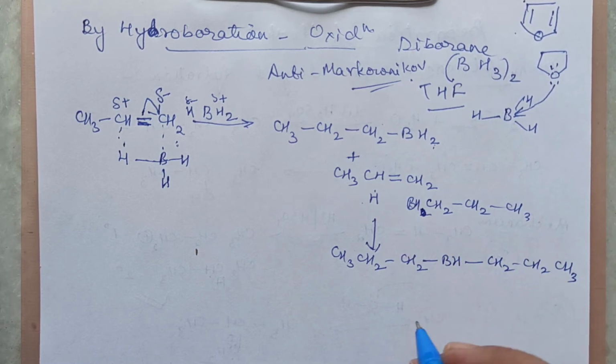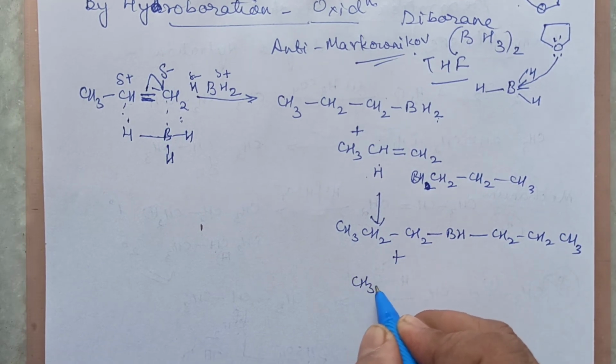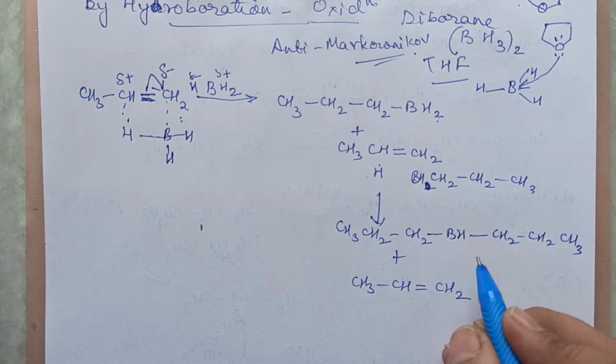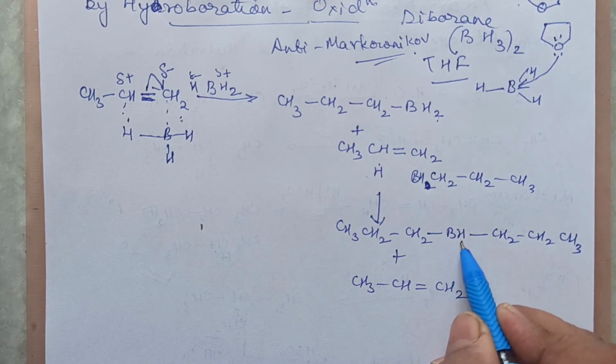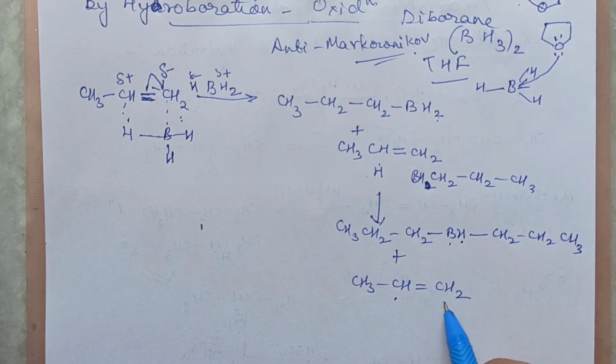This hydrogen now again will add on to one more alkene, that is CH3, CH, double bond, CH2. One more alkene. So again one H will get added here, and from boron it will get added on this carbon atom.